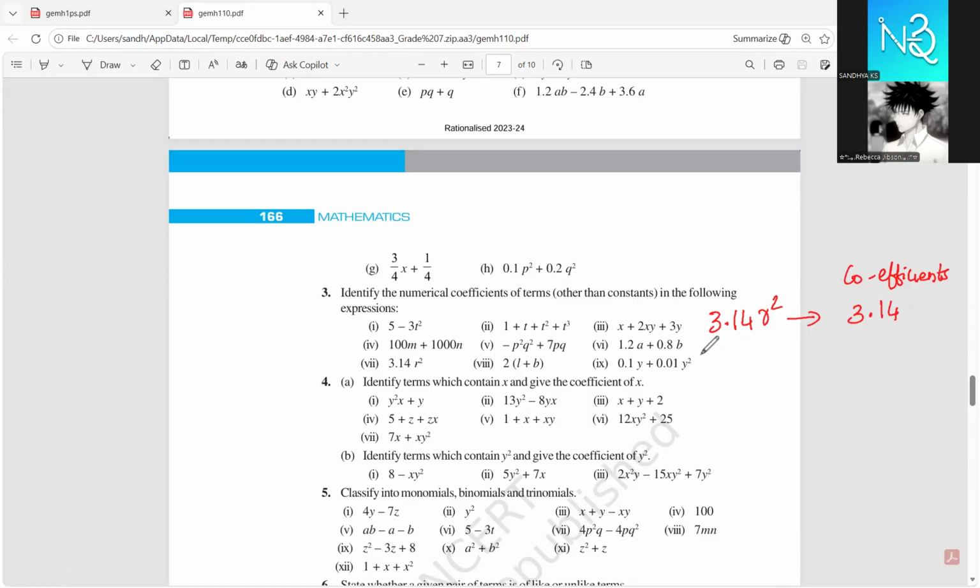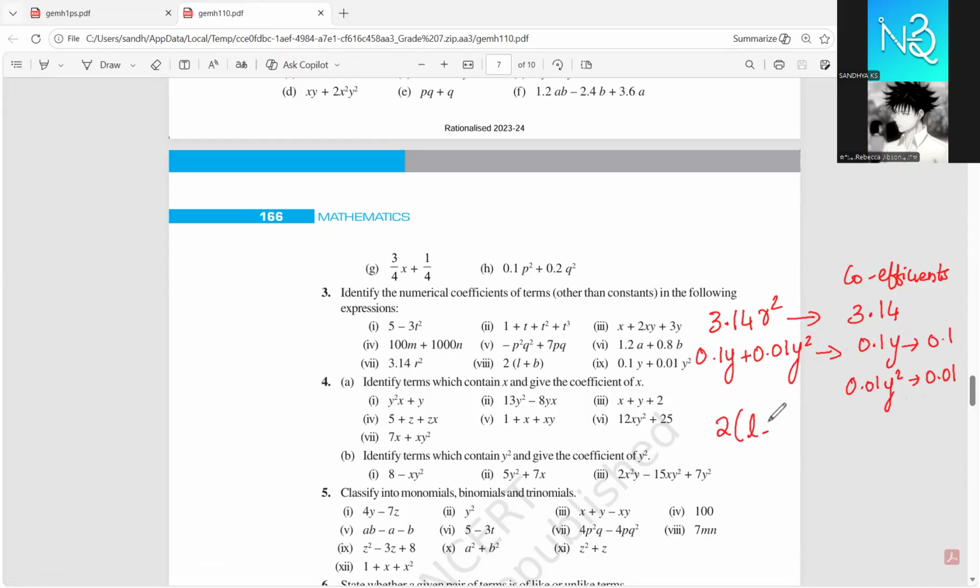Next, 0.1y plus 0.01y squared. In this question, you need to tell each term. So for 0.1y, the coefficient is 0.1. And for 0.01y squared, the coefficient will be 0.01. Clear?